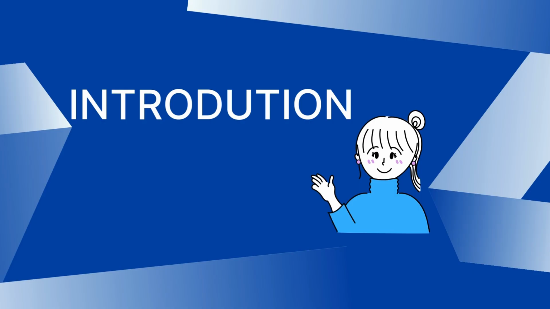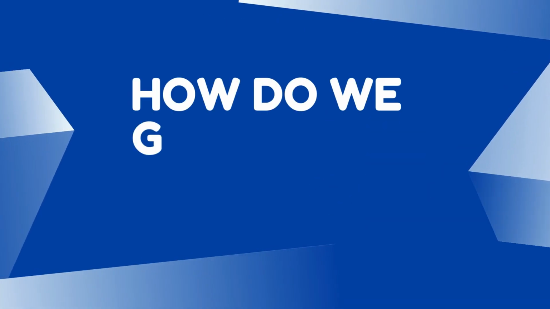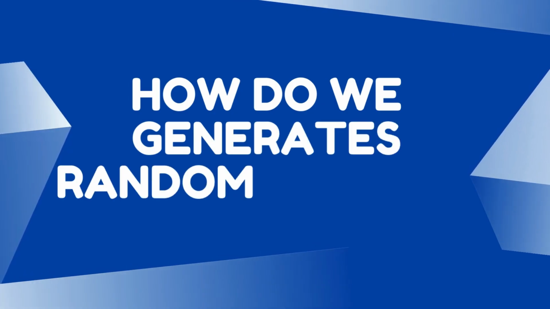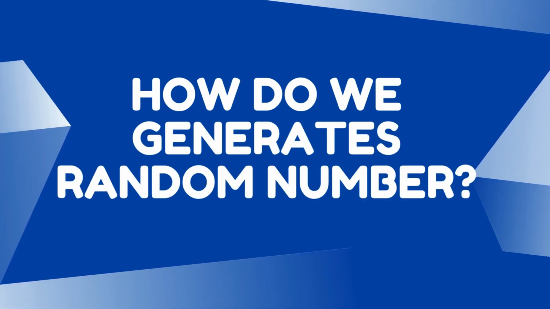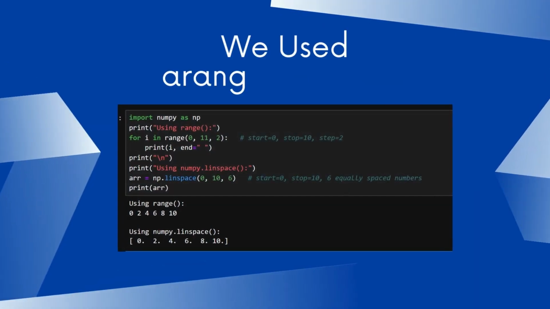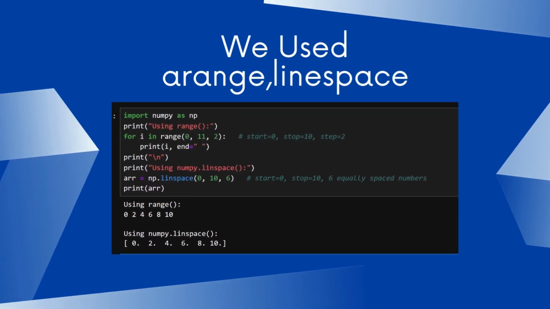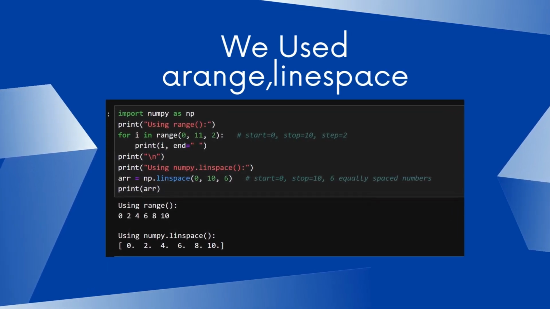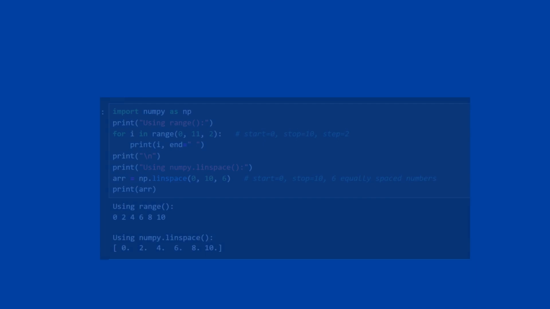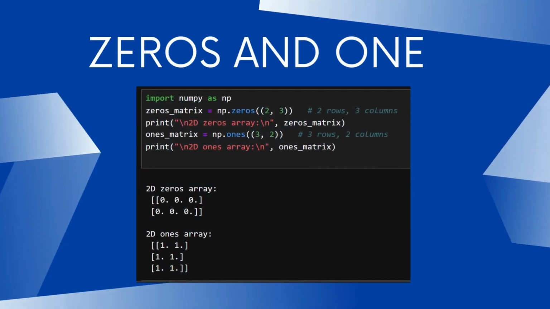In this video we talk about how to generate random numbers in NumPy. We have many videos on NumPy, like how to create an array, how to use arange and linspace and why we use them to add values to an array. We also use functions called zeros or ones to add zeros or ones.